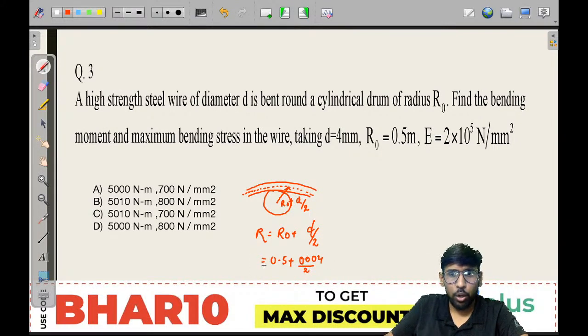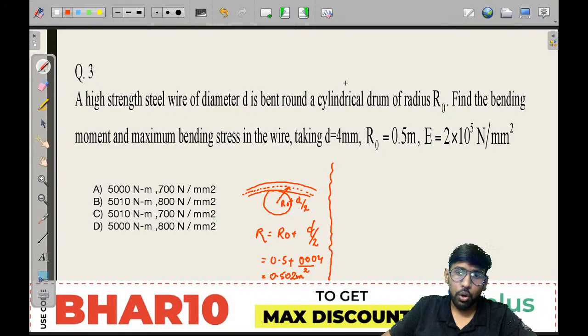The value you are going to get is 0.502 meter. This is your R value. So you got R, you have E.